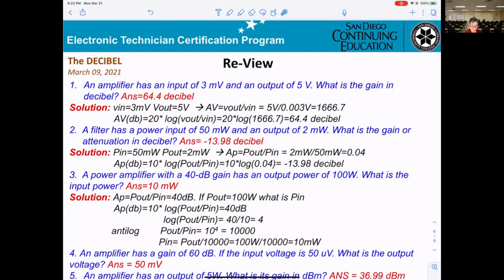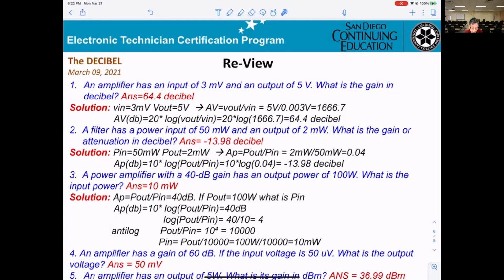Gain equals P out divided by P in. That's given to you as 40 dB. P out equals 100 watt, and the question is what is the P in?